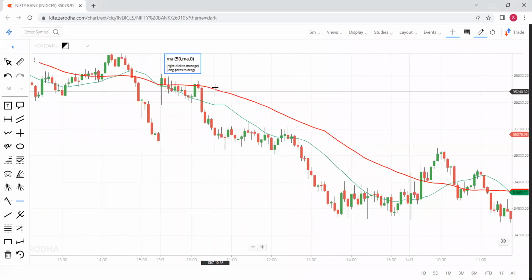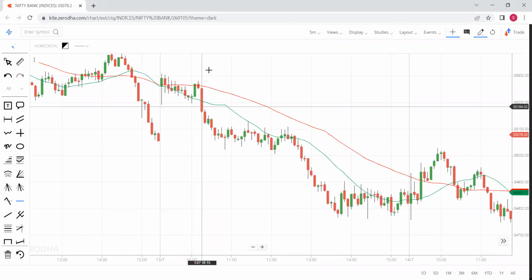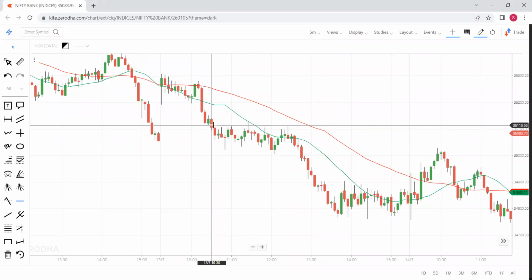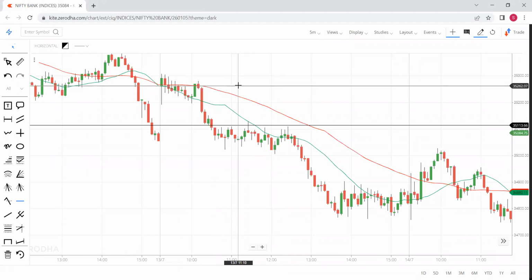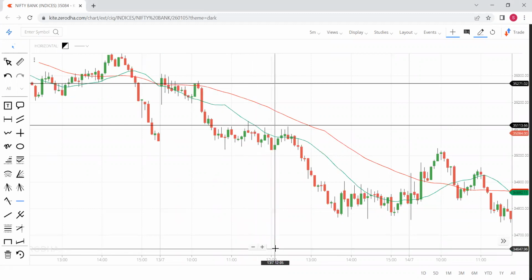Next day, if you can see, it was a perfect day. I would say it was the most favorable day for us. Breakout confirmation, your entry would be around 35,113, and the stop loss would be around 280, that would be around 150 points, I would say.